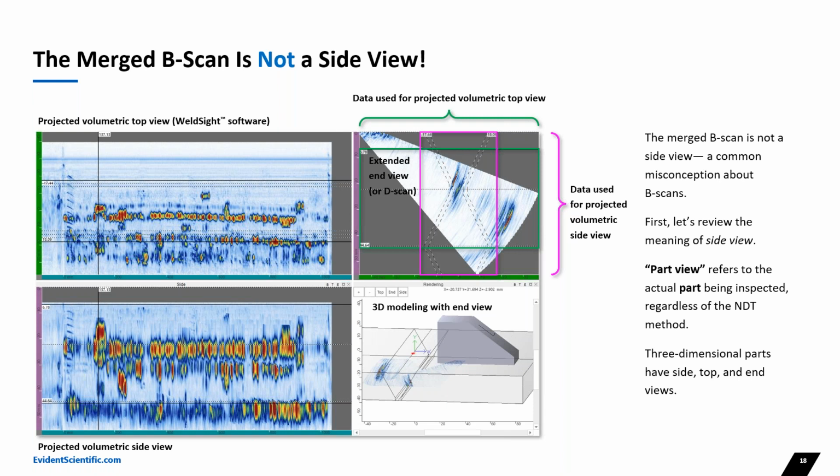Now, if you're inspecting a part, the top, the side, and the end will always be the same regardless of the method that you're using to scan. Now, we're using phased array here. I could use TFM, I could use TOFD ultrasound, I could use eddy current, magnetic particle, I could use radiography, and probably a lot of other methods, but the top would still be the top, the side would still be the side. So it's a part dependent view.